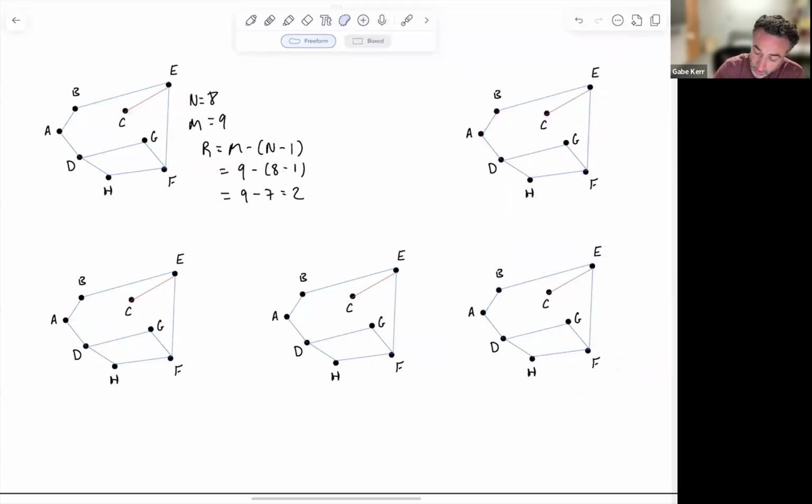So, as I said, I need to be able to remove one of these edges, and so I'll remove the HF in that case, the FG here, the DG here, and then the DH here. And now what I've done when I've removed that edge is I've lowered my redundancy by 1. This is the common feature that we have each time.